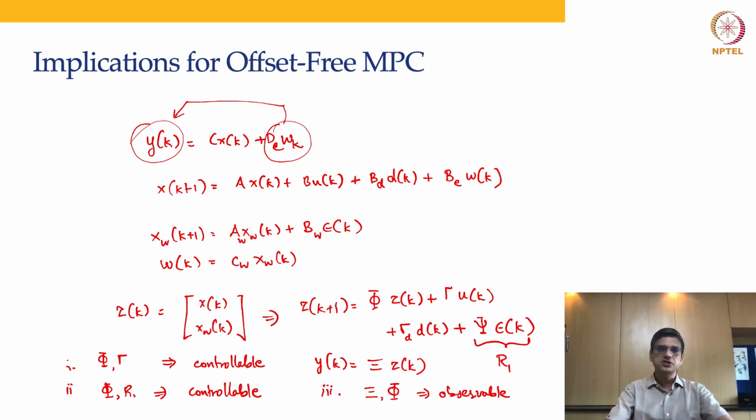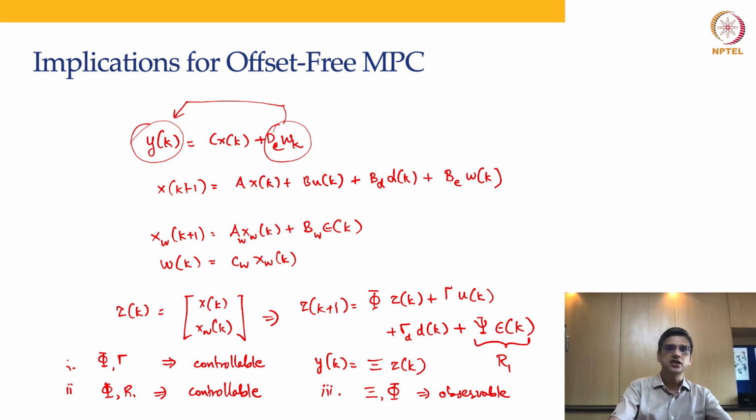But if there are more measured variables than control variables, or if measured variables are different, for example, temperatures are measured and concentrations are controlled, which is the example that we have taken in previous week's assignment, then the W should be such that from the temperature measurements you should be able to estimate W, and simultaneously you should be able to have W affecting the variables, that is concentrations, that you need to control.